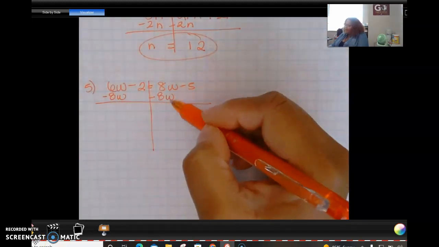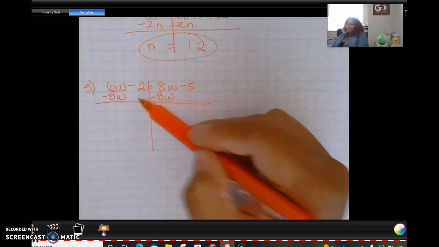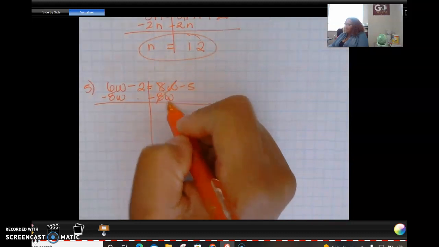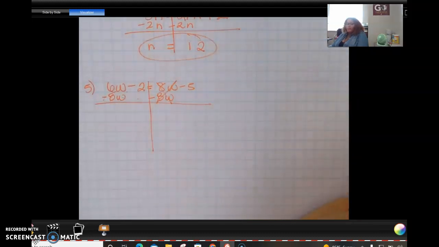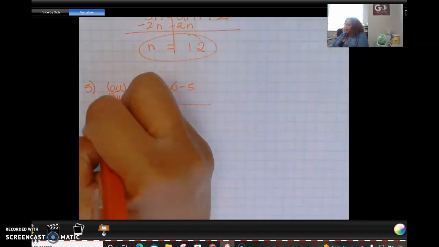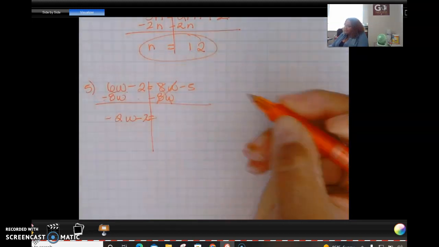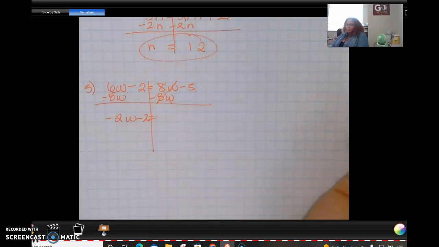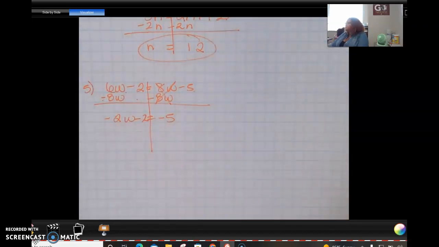Notice I'm putting the variables underneath the variables because they're like terms. I cannot put this 8W underneath this 2. Cross these out. 6W minus 8W. 2 what? What kind of 2? Good. Negative 2W minus 2 equals, who's still on the right side? Negative 5. Good. Okay, last step.